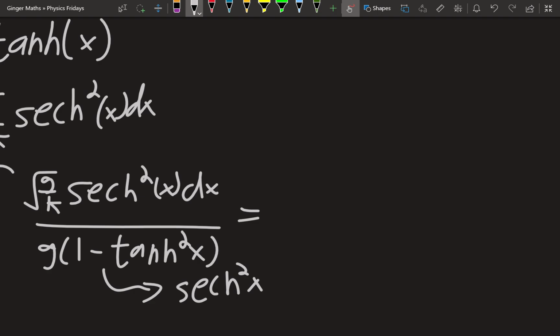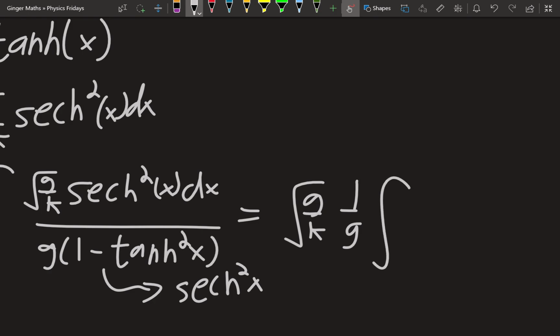So now we have the integral of square root of g over k times 1 over g. I'll simplify all that later.